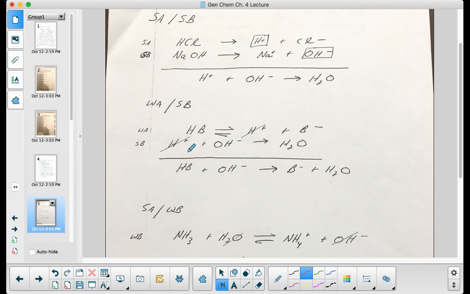And what happens is that, down here below this horizontal line, I have the molecular form of the acid, the benzoic acid, reacting with the strong base to leave behind the benzoate ion and form water.